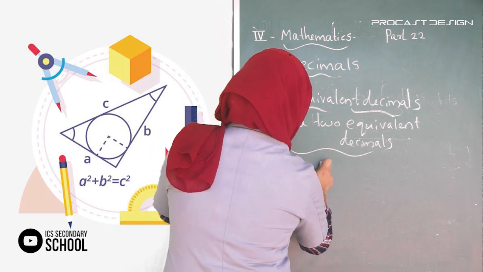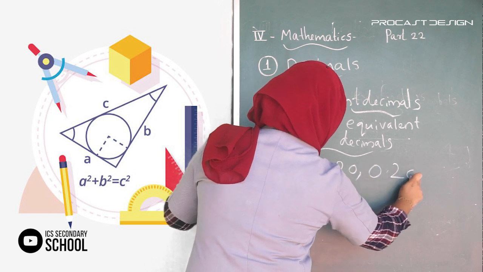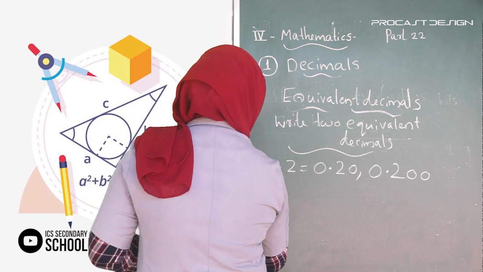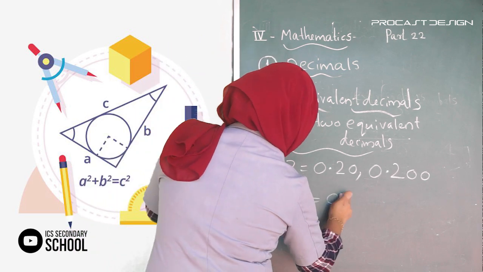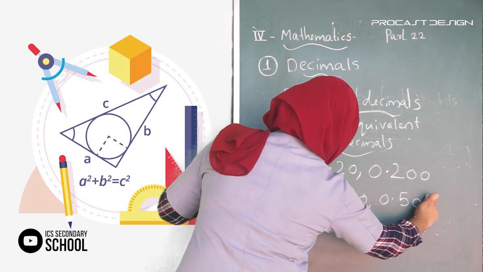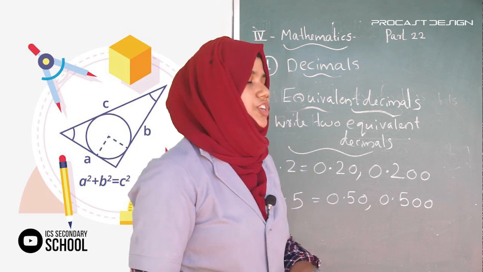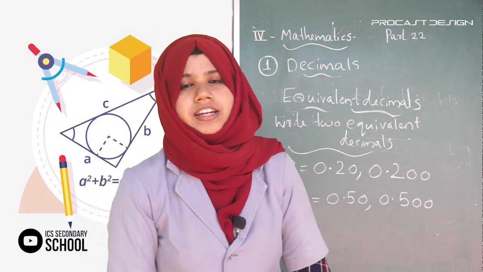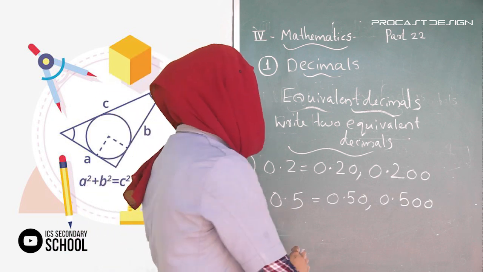So we can write 0.20, 0.200. These are equivalent decimals. Next 0.5, 0.50, 0.500, like that. So the value of the decimal number does not change even if zeros are added to the right of the digit after the decimal point. Okay, so these are equivalent decimals.